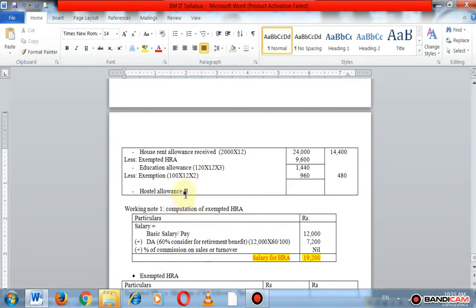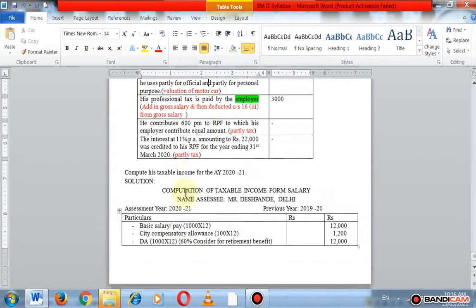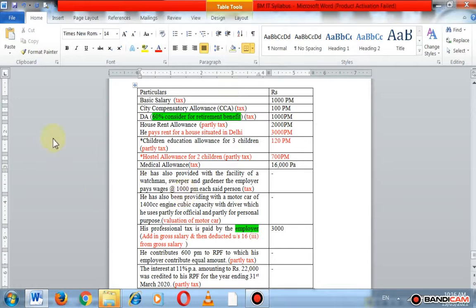Here the per child amount is not given. It only says that hostel allowance for two children amounted to rupees 700 per month. It means for two children the assessee gets 700 per month, so for each child he gets 350 hostel allowance per month.